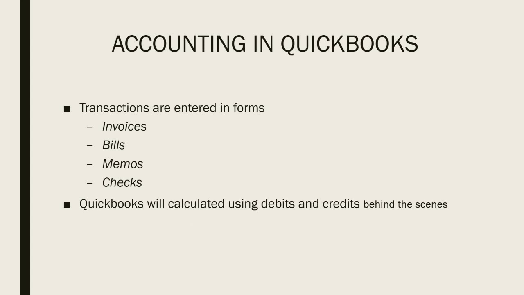And then we're going to compare and contrast and see how different it is when you go into QuickBooks, where you don't even need to focus on the debits and credits. All you need to focus on is, what is the transaction at hand? Do you owe money? Are you billing your customers? Are you writing out a check to somebody? Are you receiving a check from somebody? That's how you need to understand here.